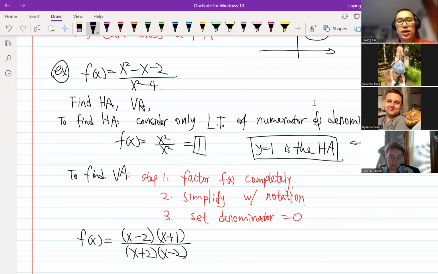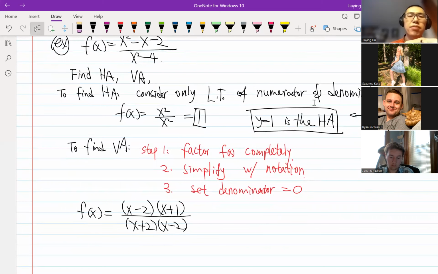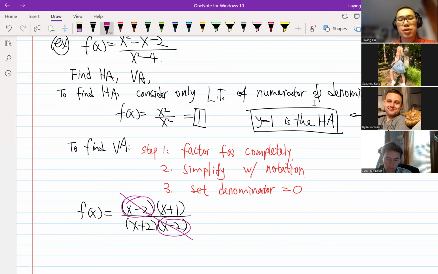So it's completely factored. Now we're going to simplify, but we have to make note of what we simplified. It looks like x minus 2 is a factor here and it's another factor in the denominator. So we can cross those 2 out. Give me 1. So note x minus 2 was canceled.